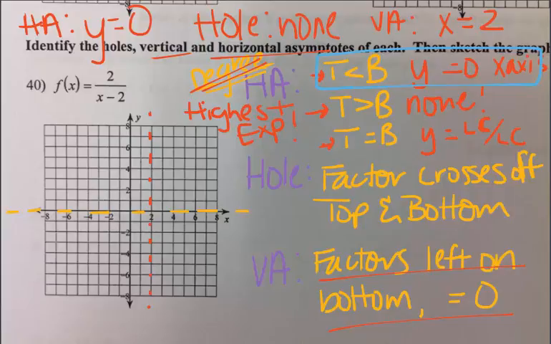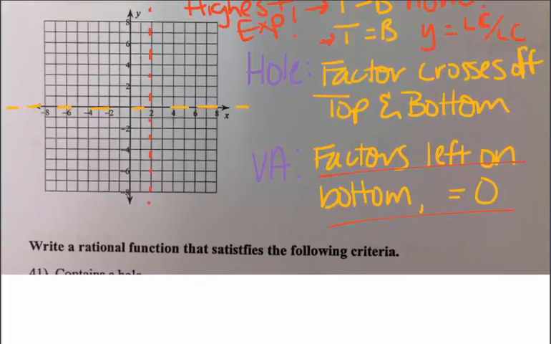What we're going to do is plug in some points to help us out. I think you can plug in any x values you possibly want, but we at least need one on either side of the vertical asymptote. I think the easiest numbers to plug in would be the 1 and a 3, the two numbers right on either side of that asymptote.